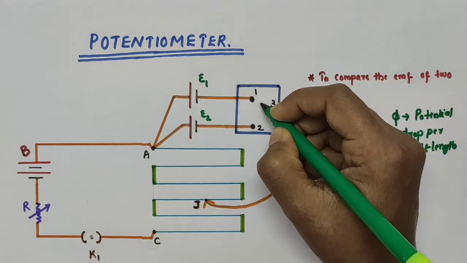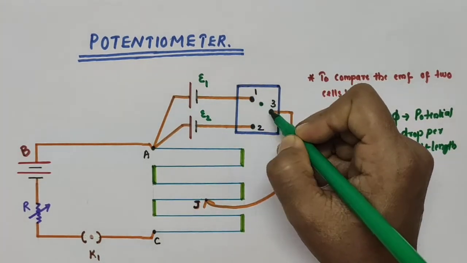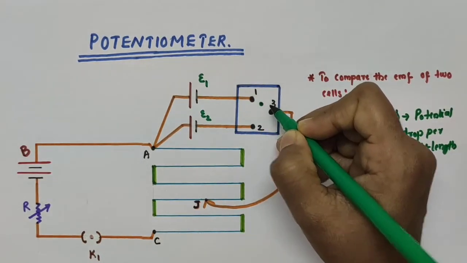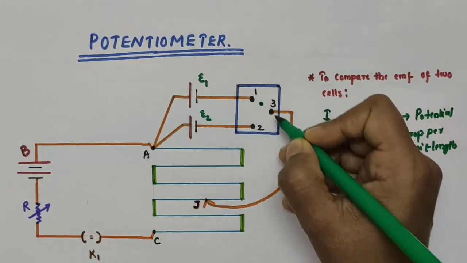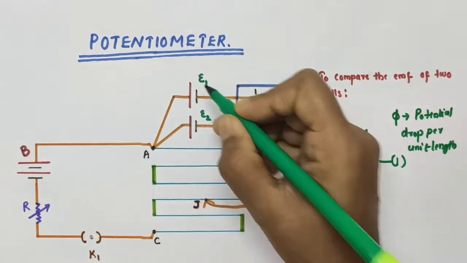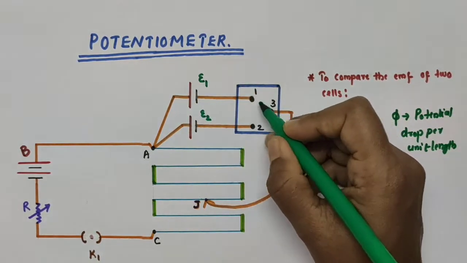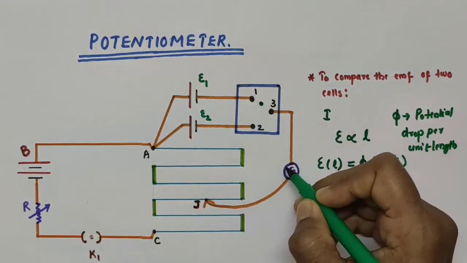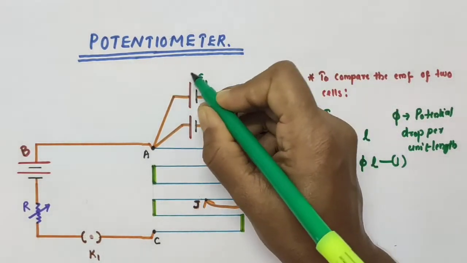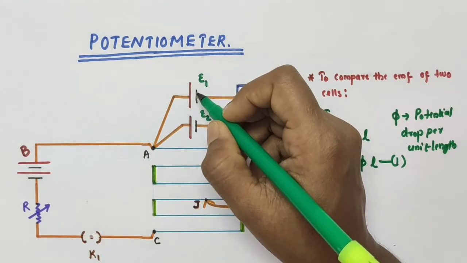When we plug in that key somewhere here, then 1 and 3 are connected, so that this galvanometer will be connected to this cell of EMF E1. When the key is plugged in between these two, the galvanometer gets connected with this cell of EMF E1.